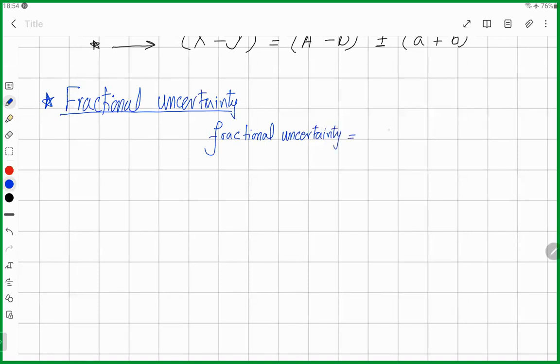It is absolute uncertainty divided by the quantity measured or calculated.